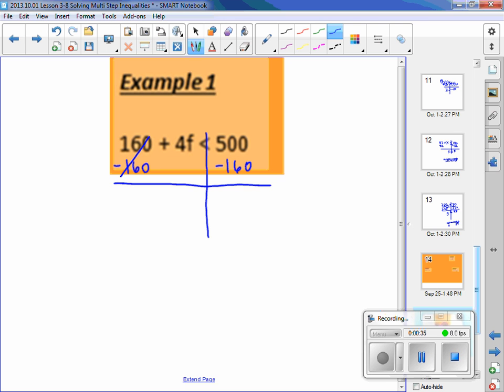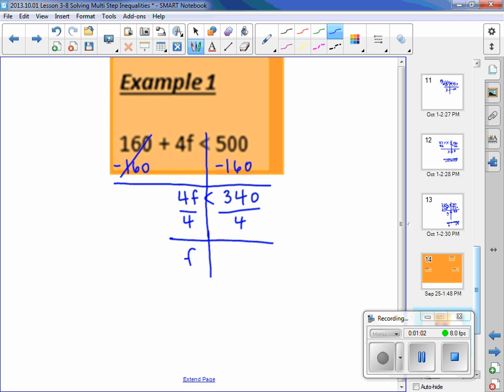So what I'm going to get is 4f is less than 340. Okay, and then the last thing I have to do is get rid of this 4 right here. To get rid of that 4, I divide by 4 on each side.